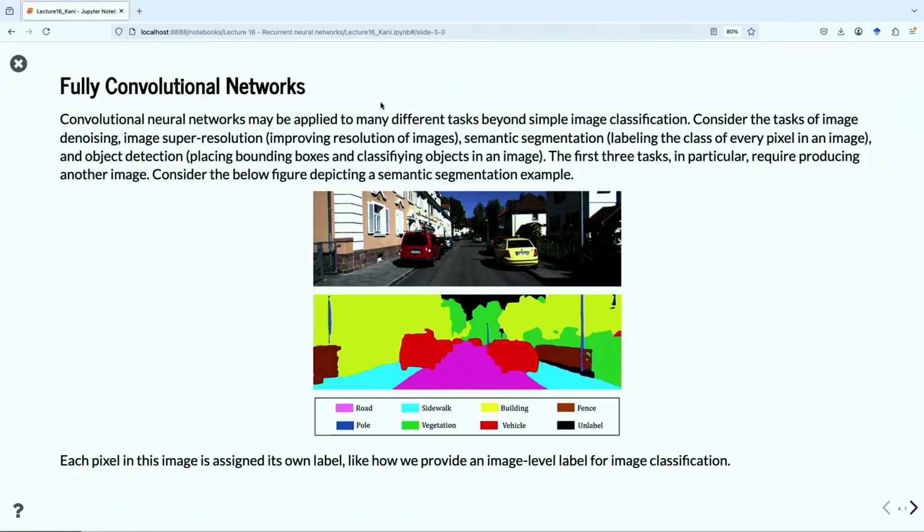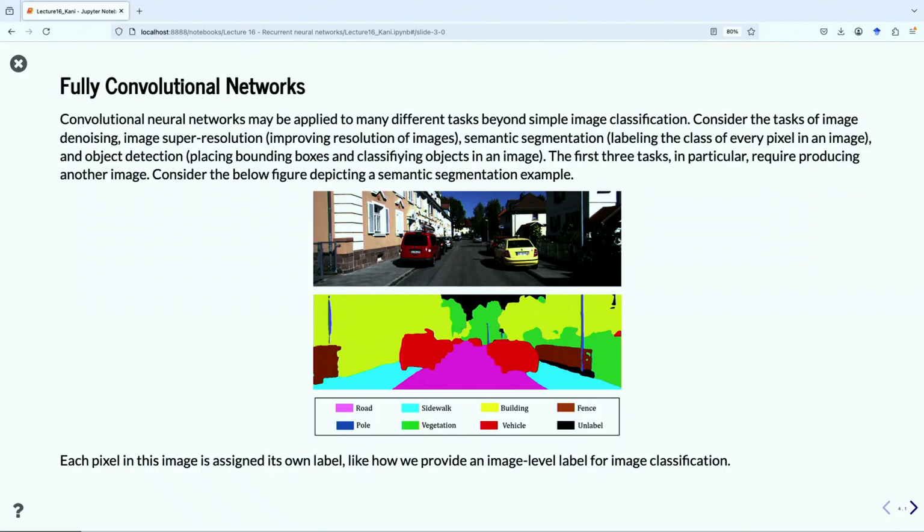Convolutional networks can be applied to many tasks beyond classification. One of the big tasks, for instance, is called image segmentation: the idea that we want to break up an image into different categories, into different parts.